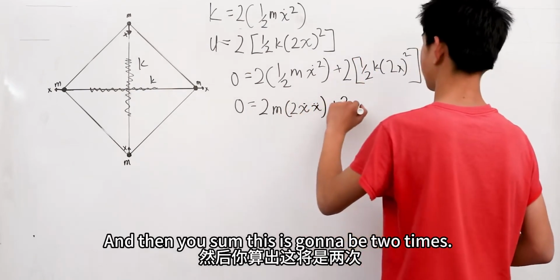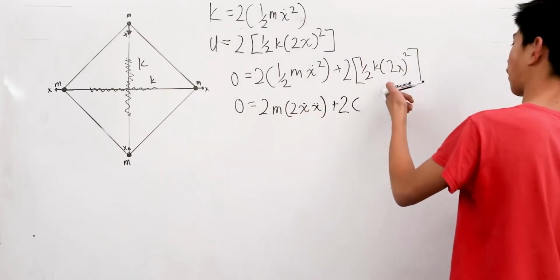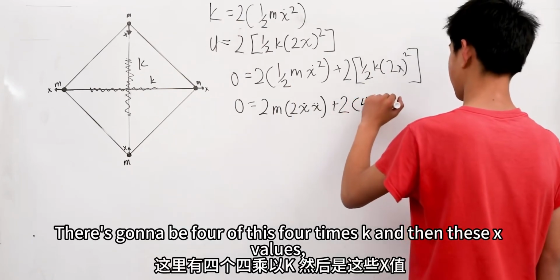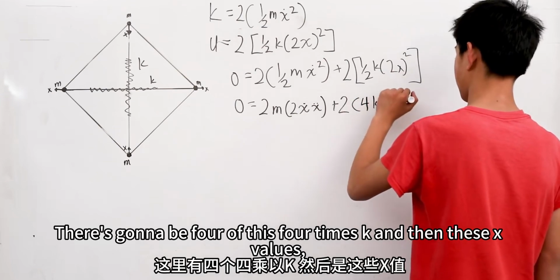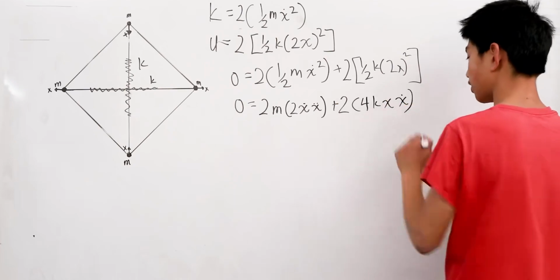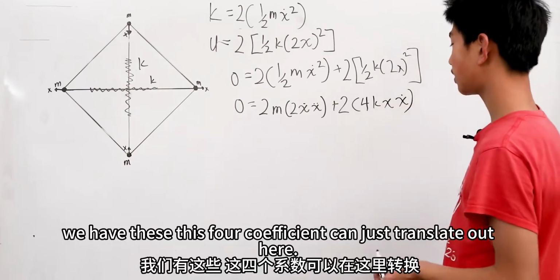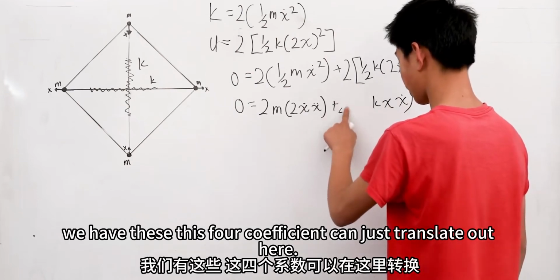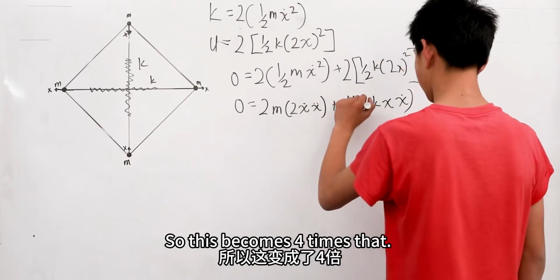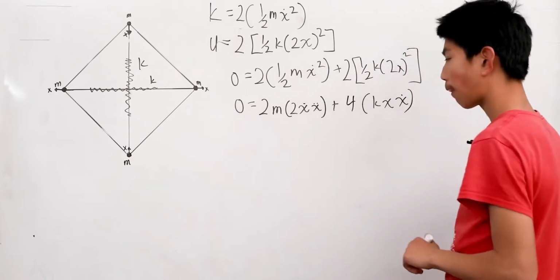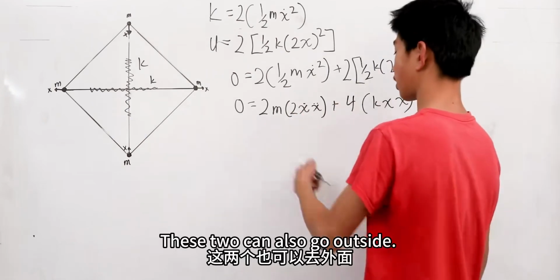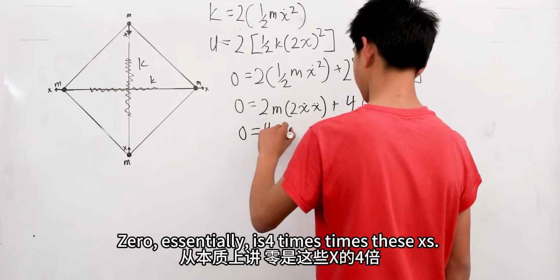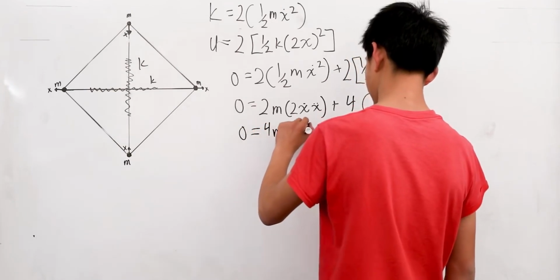This is going to be 2 times, well, there's going to be 4 of this, 4 times k, and then these x values. So we have these, and this 4 coefficient can just translate out here, so this becomes 4 times that, and this 2 can also go outside, so 0 essentially is 4 times m times these x's.